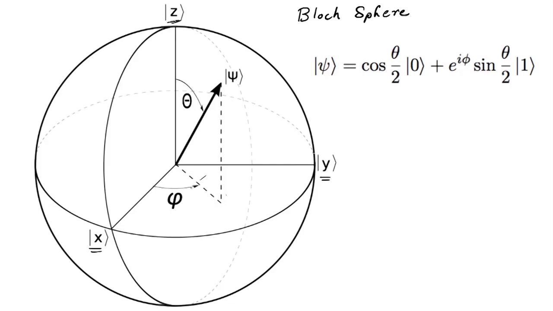So once you specify phi and theta, you've actually specified a vector on the surface of the unit sphere in 3 dimensions. So wait, what are we saying here?